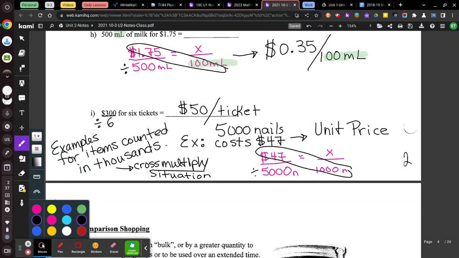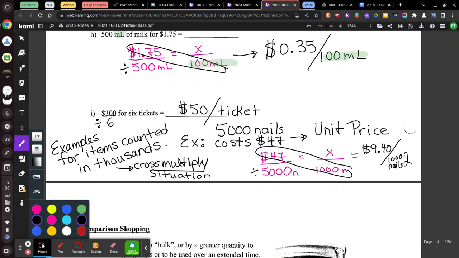Again, cross multiplying and dividing. So our unit price per nail there is going to be $9.40 per 1,000, and we would say 1,000 nails.